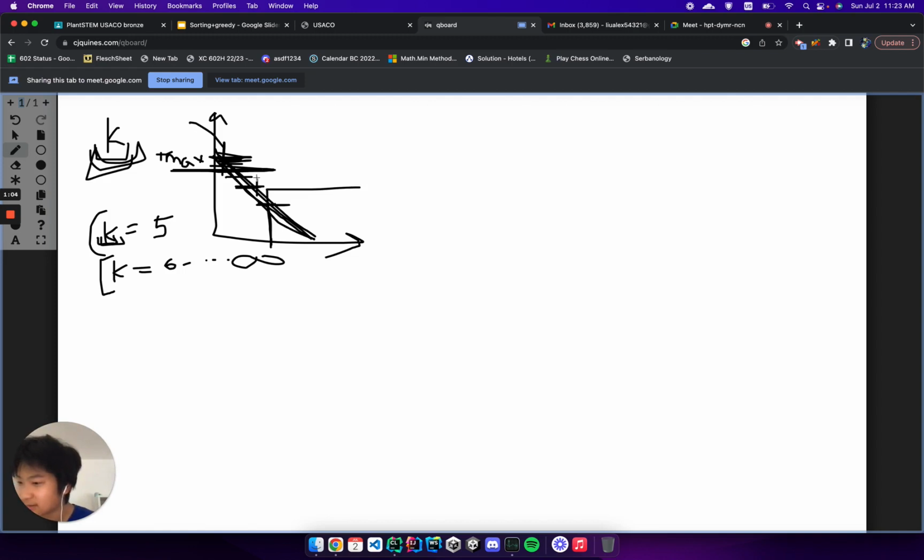Does this make sense? Do you guys get how we choose some K value, or how we try certain K values?